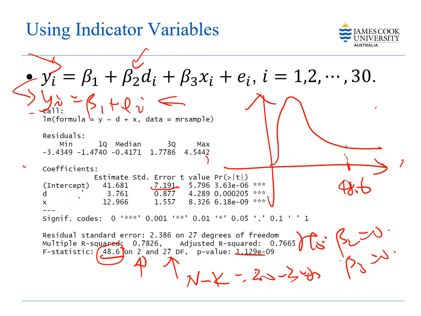It calculates this area. That's 1.129 times 10 to the power of -9. It's very, very small. So at the 5% level of significance, we reject the null that beta 2 and beta 3 are equal to 0. Okay, that's how we interpret the information here.